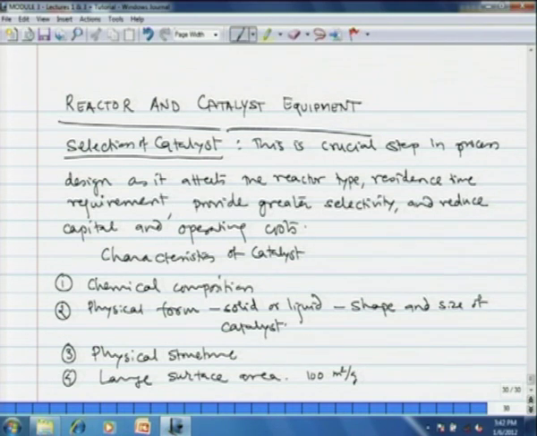The reactant transport to and product transport from the reaction site within the catalyst can limit the effectiveness or the utilization of the catalyst. You have already dealt with the catalyst effectiveness factor in the module of chemical reaction engineering. What is the concentration of the reactant in the bulk and what is the concentration of the reactant in the catalyst pores? That ratio decides the effectiveness factor of the catalyst.